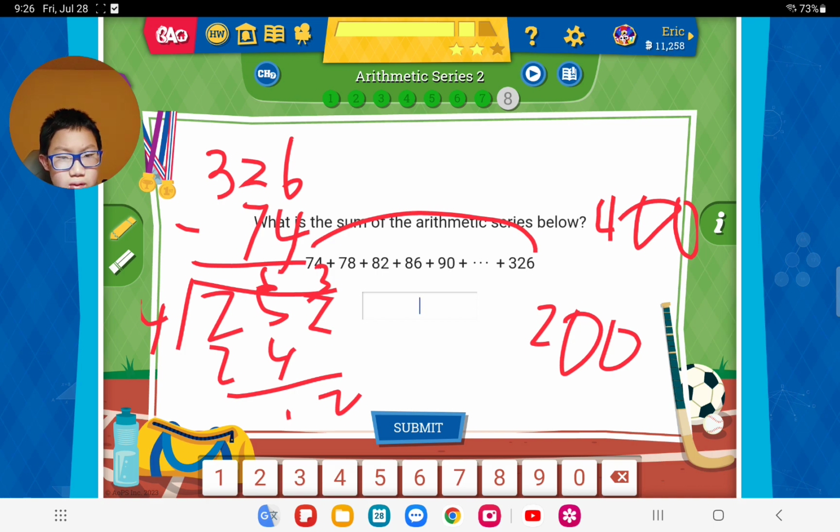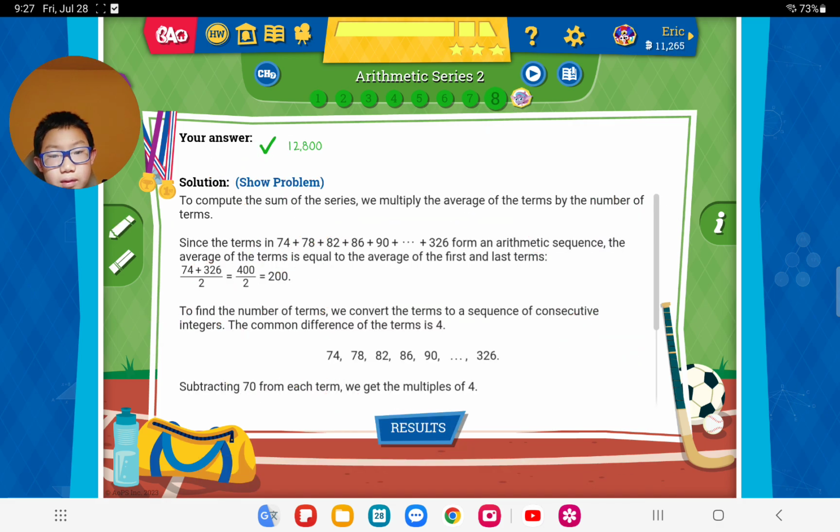How many terms? 64. Yes. So 64 times 200 is 12,800. Yes. Keep going.